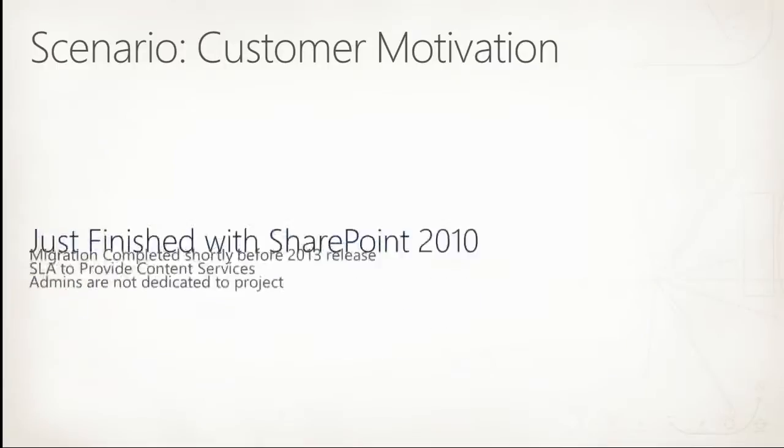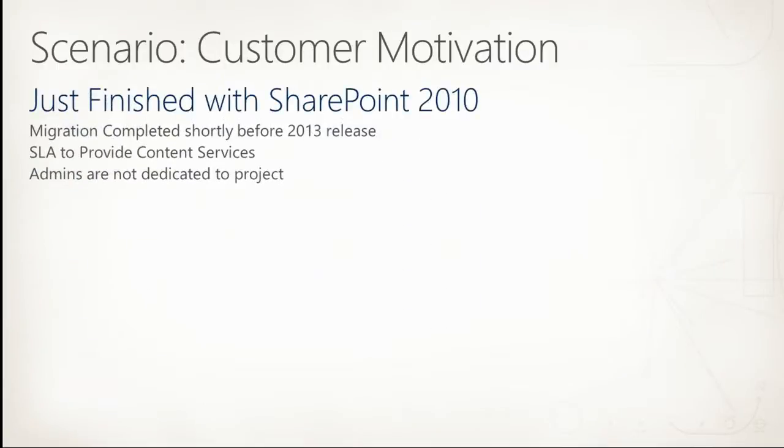In addition, this customer just completed their SharePoint 2010 migration. They just put the effort in, and the team assigned to the migration is already working on other projects. So to engage in another upgrade or migration is just not in the cards right now.